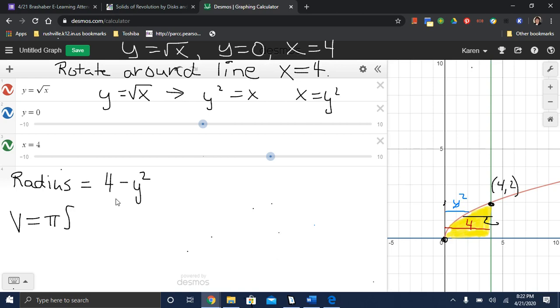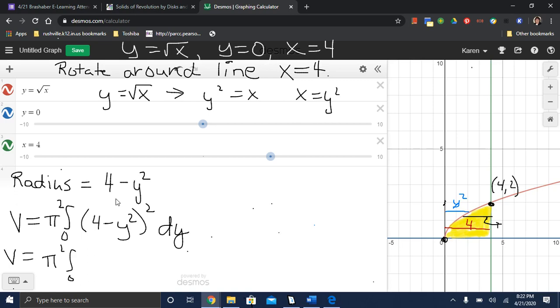So we'll be integrating from 0 to 2, since we're doing a vertical rotation this time. And then the radius, 4 minus y squared, we'll square that, and then dy, getting the infinitely small volume of our disk. So that would be v for volume equals pi times the integral from 0 to 2.